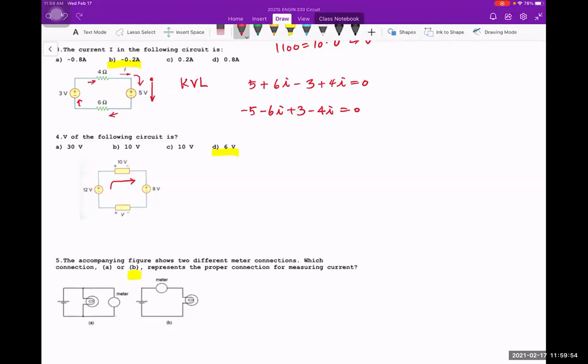And if I look at the first one, which is the 10 volt, and because it go into the positive, I'm going to write the +10. And the second one is the 8, is +8. The third one is a V, which is the one that we try to solve, but it go to the negative. So you're going to write negative of V. Let me just use a bar on top to distinguish the V, the variable, and the voltage. Okay. And then you go to a 12. Should you put a negative or positive?